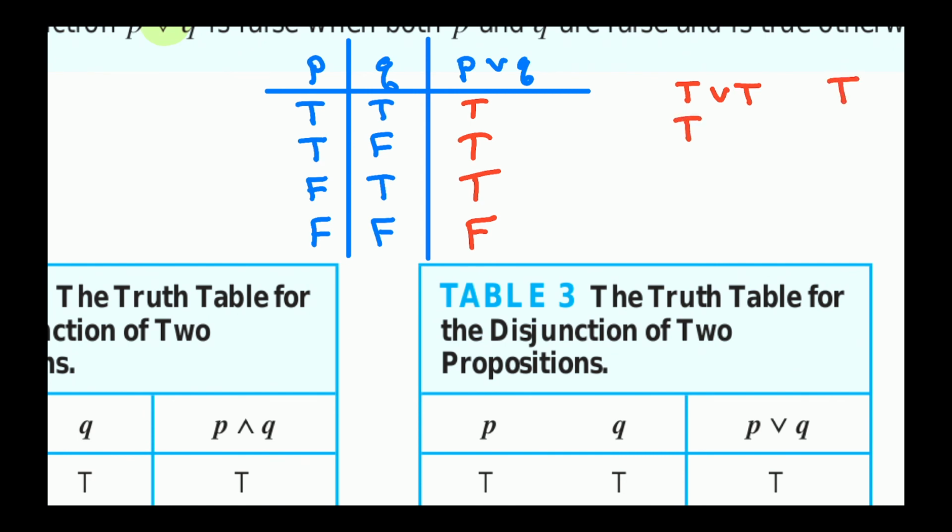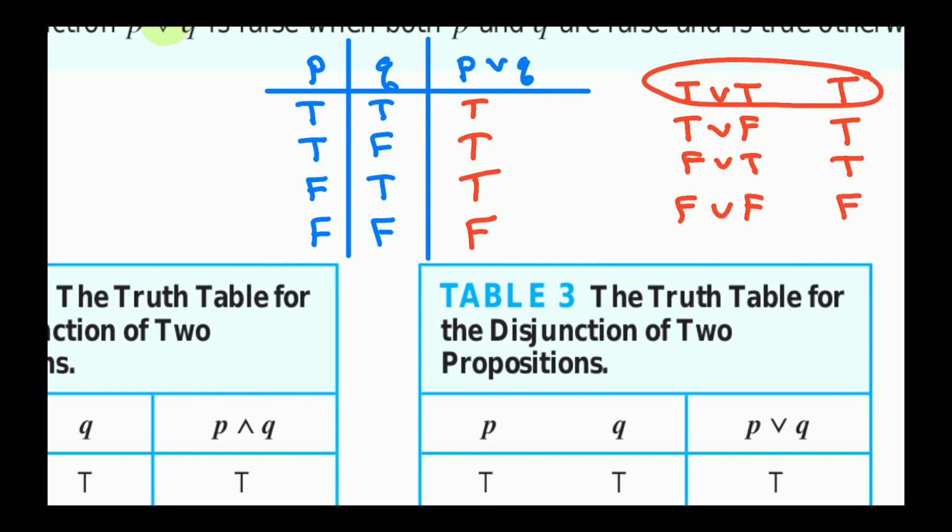If you have true or false, the result is true. If you have false or true, the result is true. And if you have false or false, the result is false. But what I want you to think about is the top one, because it really is not how people use the word or in real life.